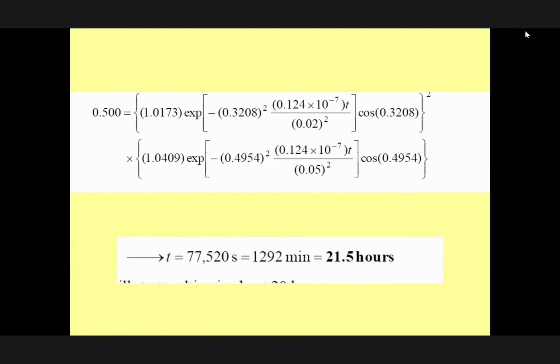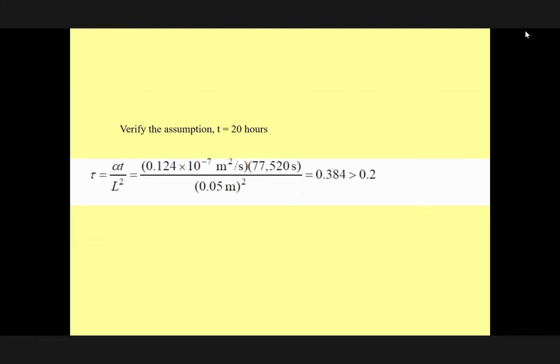The assumption was that the Fourier number is more than 0.2. We take this time and put it in the equation for the Fourier number, where alpha, the thermal diffusivity of ice, was given, the temperature was given, and L is 5 centimeters.